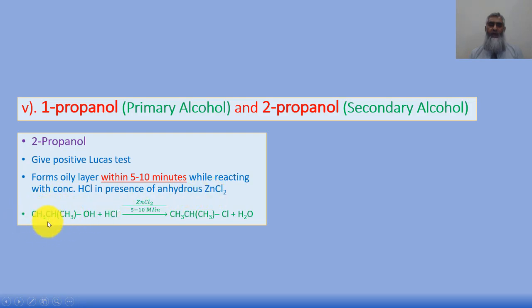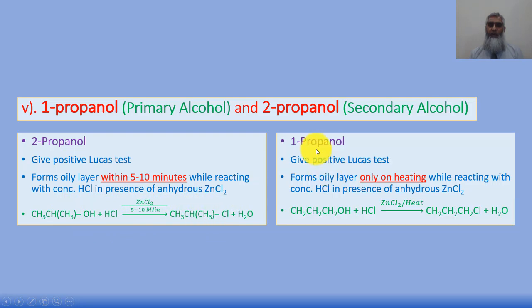While 1-propanol, a primary alcohol, also gives a positive Lucas test, the oily layer of propyl chloride will form on heating. So if the oily layer forms in 5 to 10 minutes, then it is 2-propanol, and if the oily layer is produced on heating, then the given alcohol will be 1-propanol.